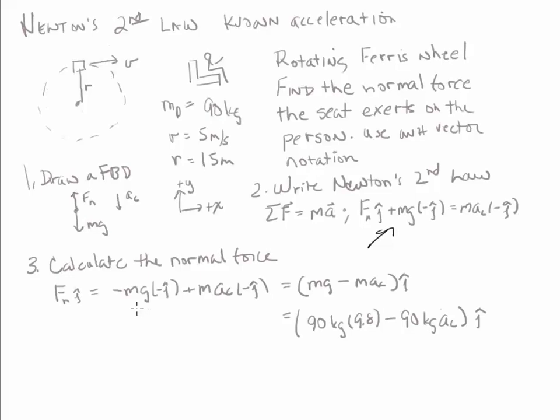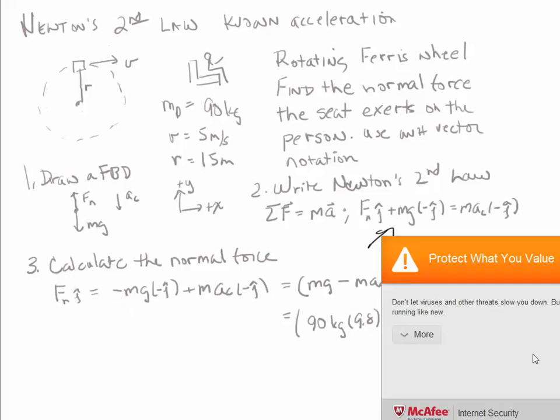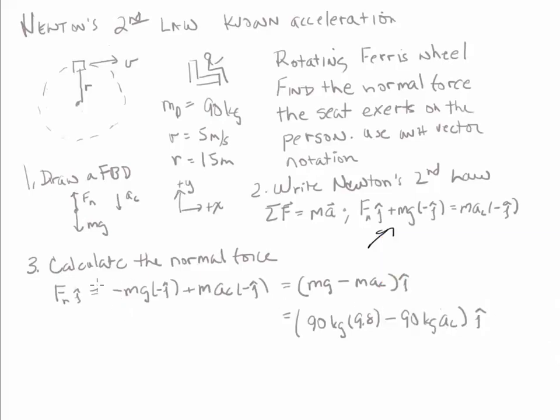And that means that minus mg in the minus j direction plus the mass times centripetal acceleration in the minus j direction is equal to the force of gravity mg minus the force of the acceleration in the j direction. And we can go ahead and substitute in the numbers.